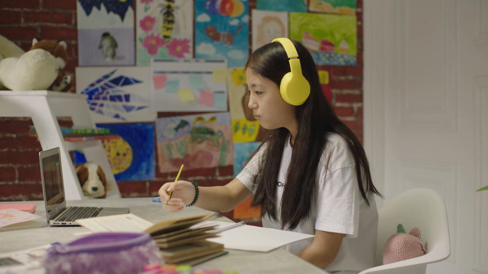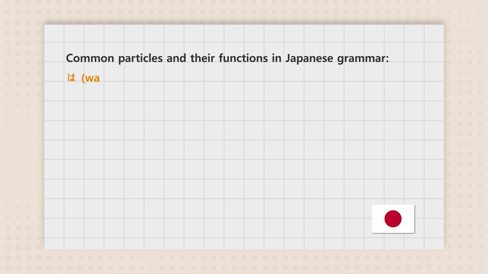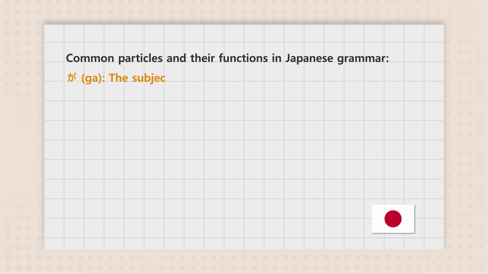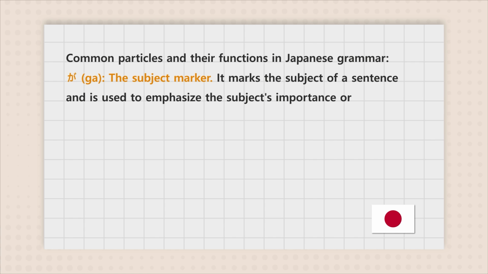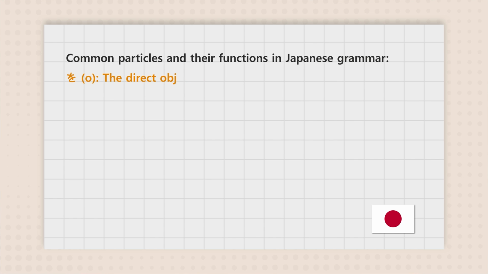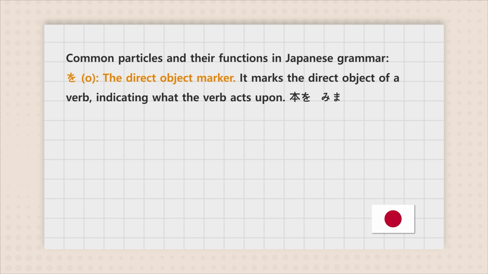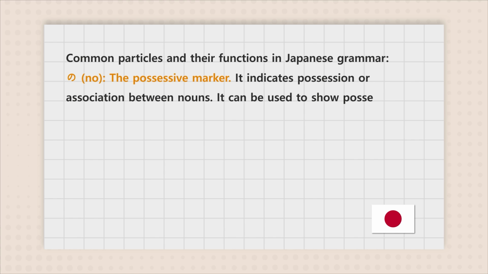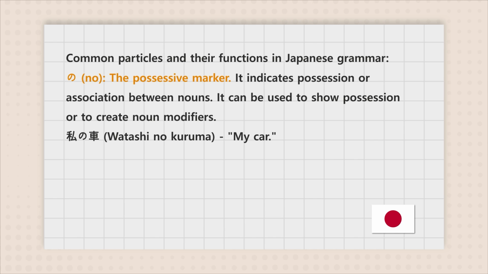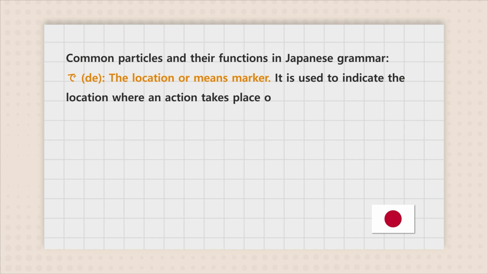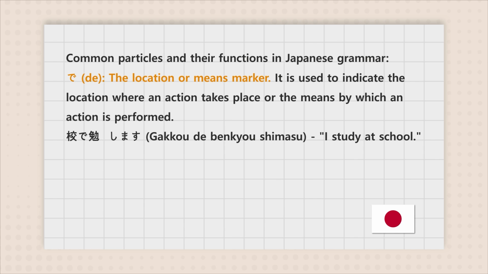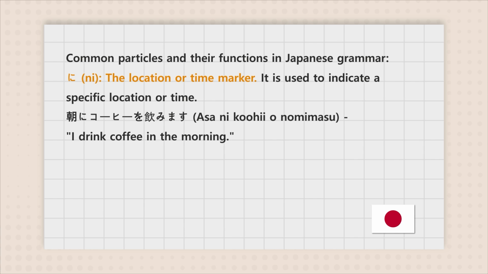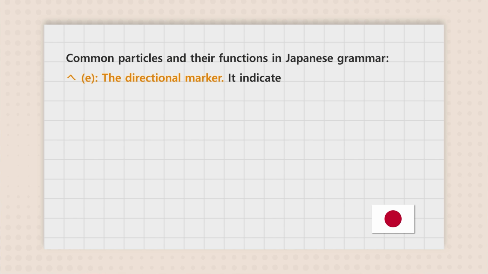Here are some common particles and their functions in Japanese grammar. The topic marker, the subject marker, the direct object marker, the possessive marker, the location or means marker, the location or time marker, and the directional marker.